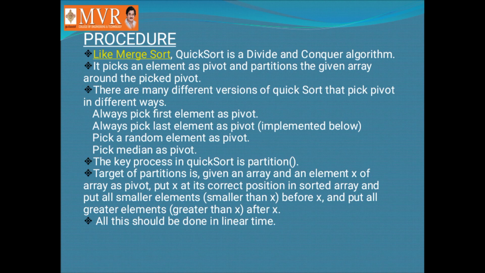After selecting the pivot element, we swap the elements in such a way that the elements before the pivot element are smaller and the elements after the pivot element are greater than the pivot element. That is, the left sublist will be smaller than the pivot element and the right sublist will be greater than the pivot element. Follow this process until all the elements come to a sorted order.